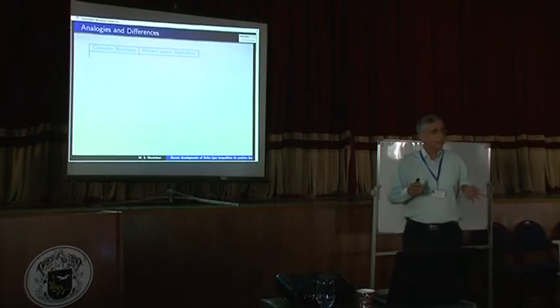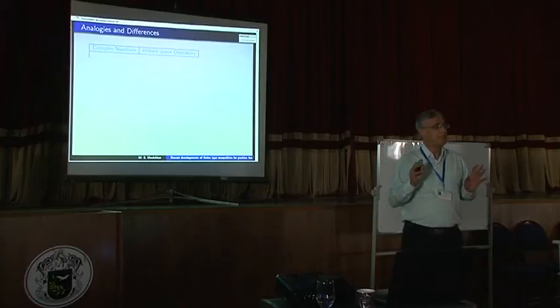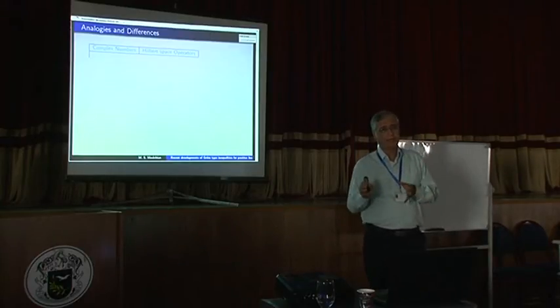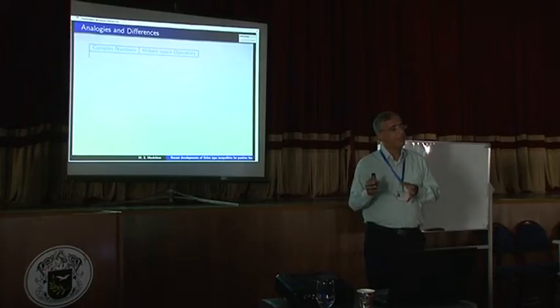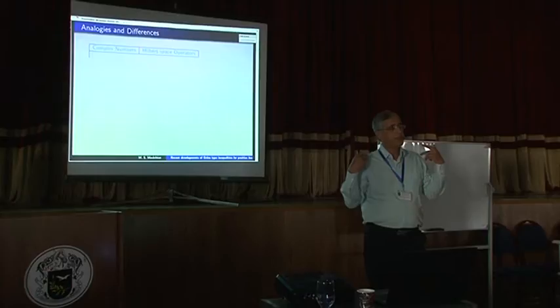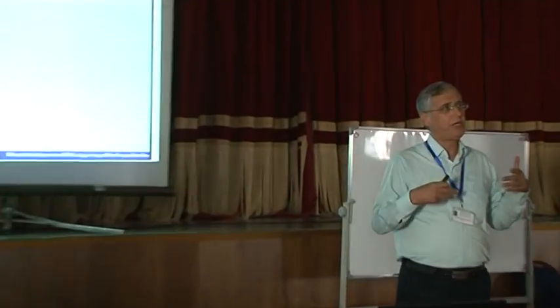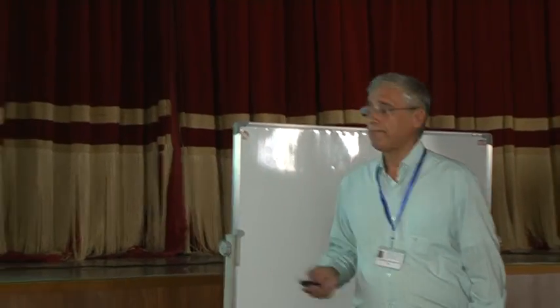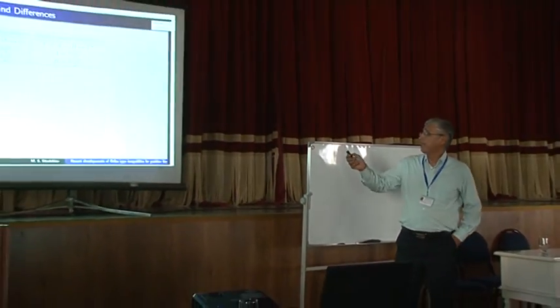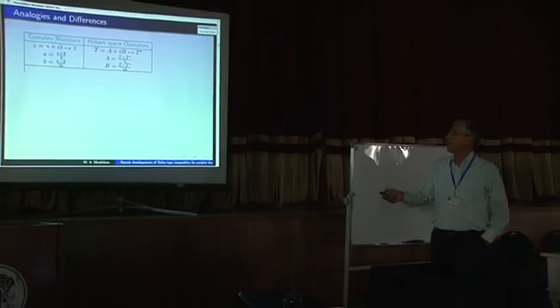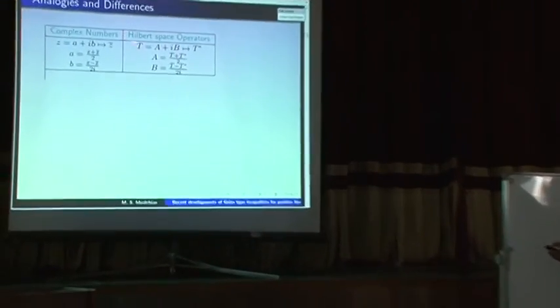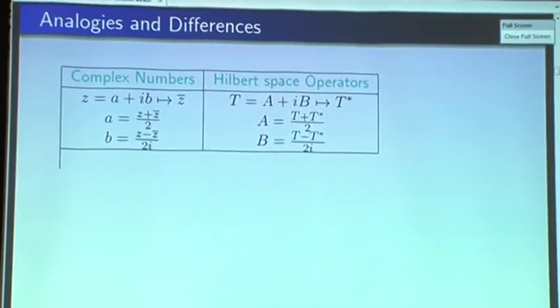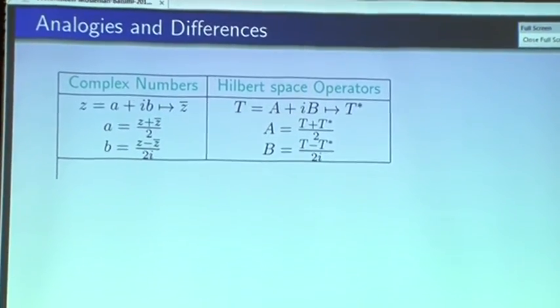There are some analogies and differences between complex numbers and Hilbert space operators. In my previous slides, I explained that we can try to find some generalization of some classical numerical inequalities to operators acting on Hilbert spaces. For example, we have conjugation here, and we have the Cartesian decomposition here for operators, in which A and B are self-adjoint operators.